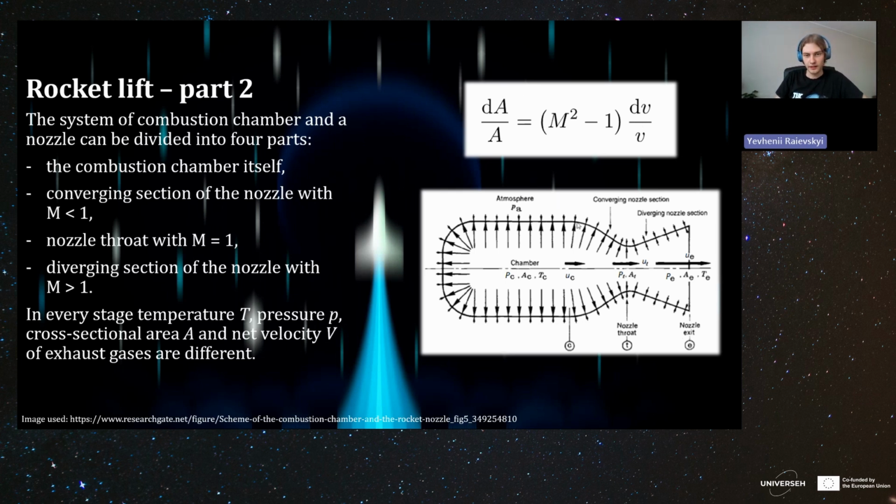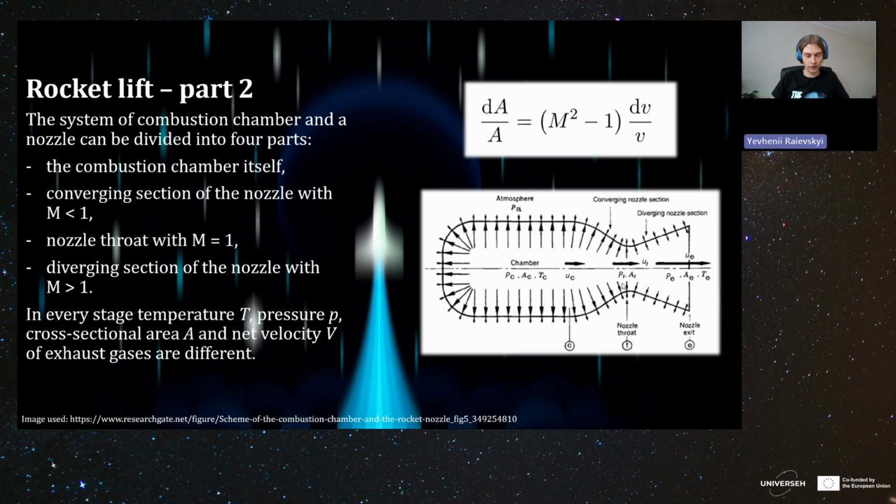So here you see this cross-sectional area decreases. So dA, the change in the cross-sectional area, is also minus. M squared minus 1 has a minus sign. So if we want it to be mathematically true, this dV, so the change in velocity, has to be positive.